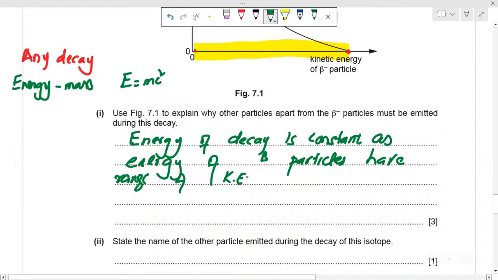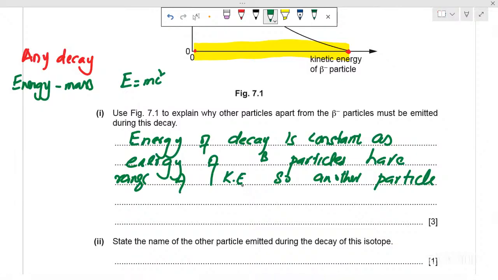So another particle, which you should know in this case is the antineutrino, must be emitted.